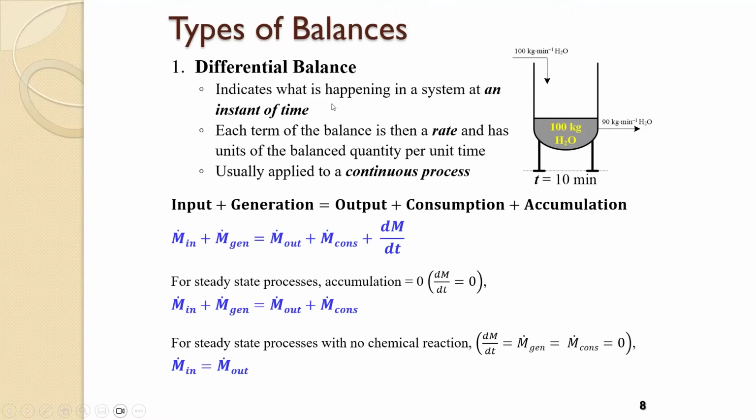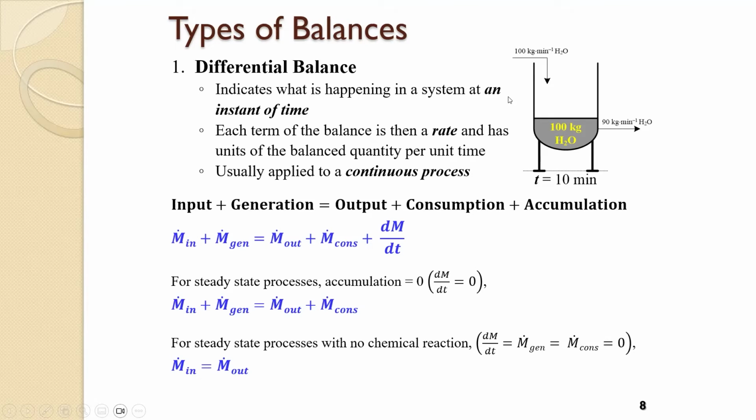This indicates what is happening in the system at an instant of time, di ba? Just like your differential calculus, at an instant of time, rate of change. So each term of the balance is then a rate and has units of the balance quantity per unit time. So if it's a rate, it is a continuous process. So this is what you call a differential balance.